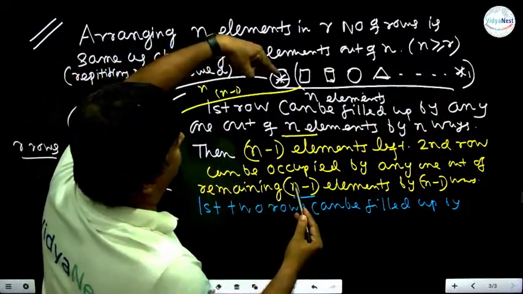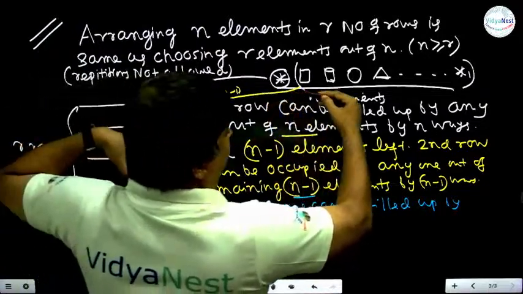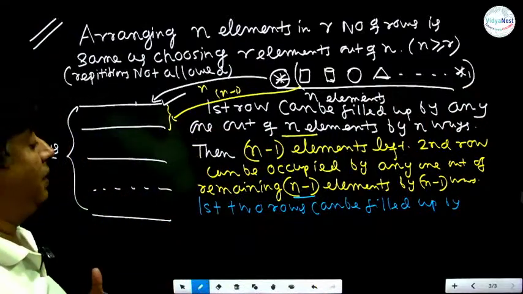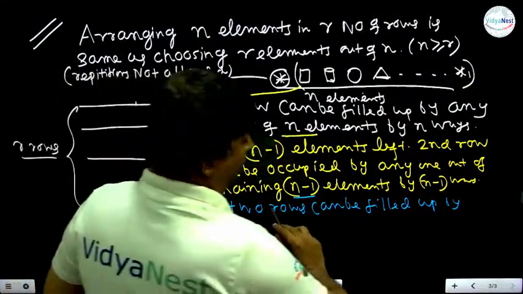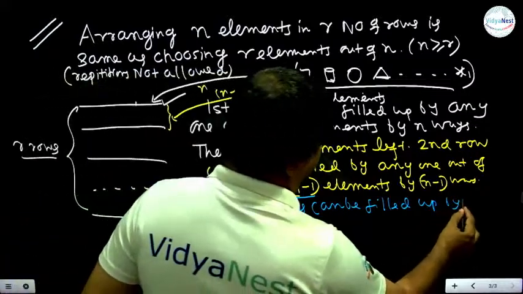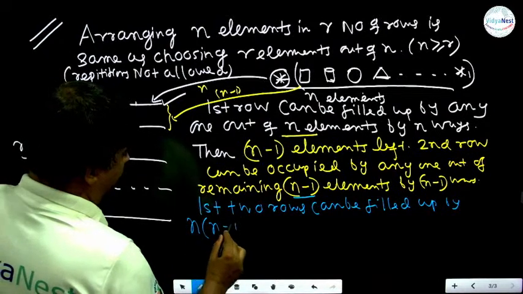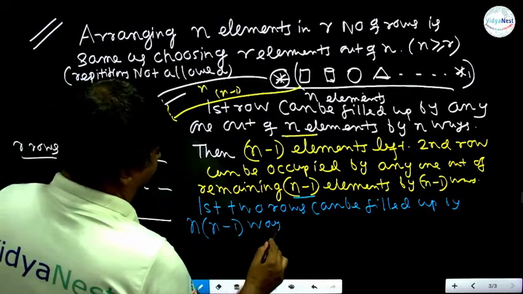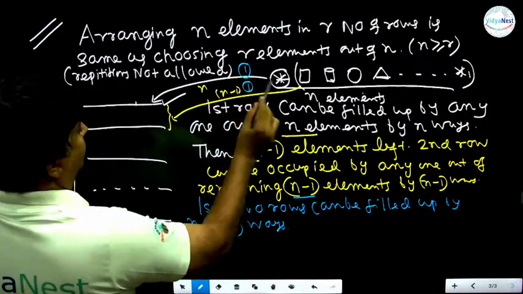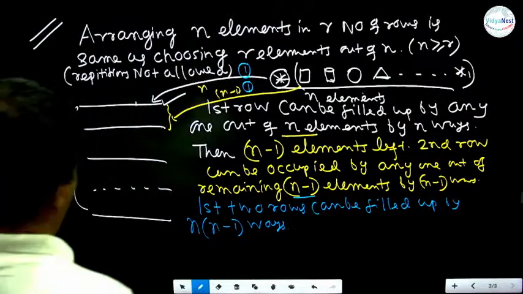So with roll number 1, n minus 1, roll number 2, n minus 1. With each roll number there are n minus 1 arrangements. Total arrangement will be the product. The first two rows can be filled up by n into n minus 1 ways. That means 2 elements have gone.